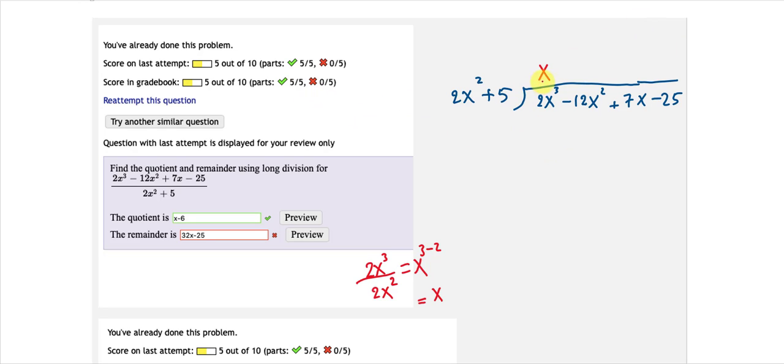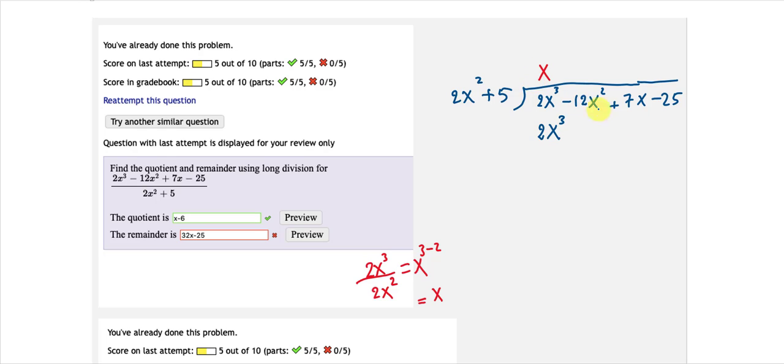Now, after you find the division between the two first terms, we have the quotient. Then we take this quotient x, we multiply to all of the terms here. So x times 2x squared give me 2x to the third power. X times 5 give me 5x.